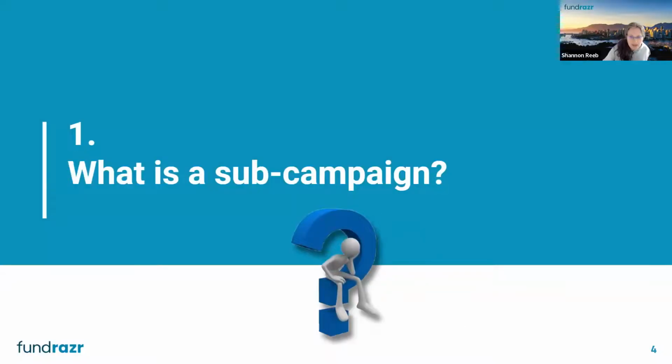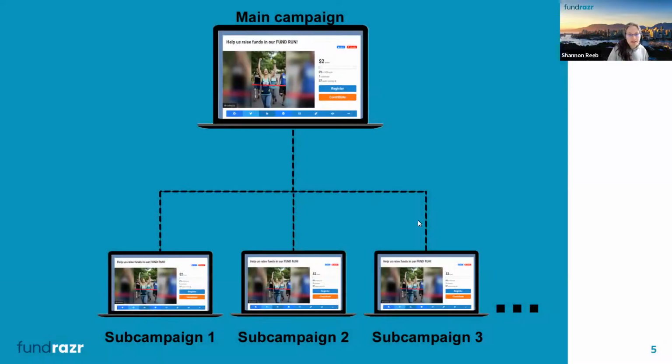What is a sub-campaign? A sub-campaign is a level, the second tier level that exists under a main campaign. So on FundRazr, what you do is you will start a main campaign. And what that does is it sets the tone for all of the sub-campaigns under it.